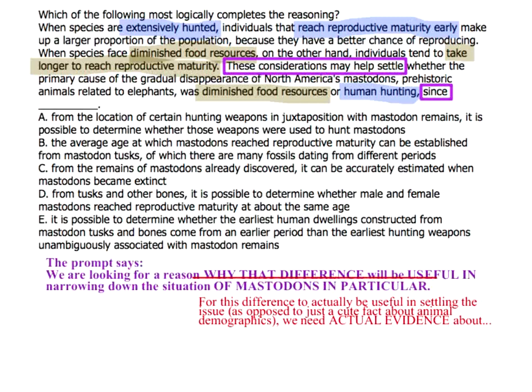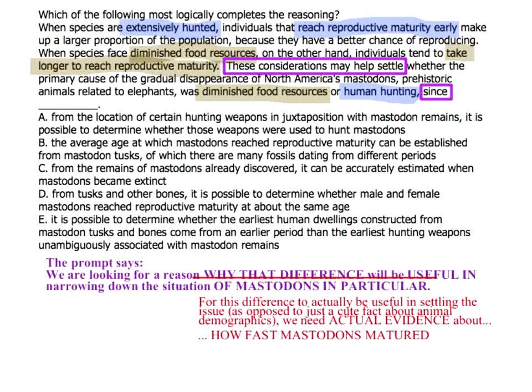Because if we don't have that, then this is just a cute fact that we can't apply. So, about when mastodons matured, how fast they did that. That's what we're looking for. We're looking for some connection there.